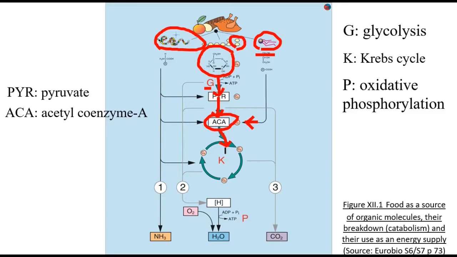Proteins now, you've probably recognized these round shapes which are amino acids. They are going to be used to either produce pyruvate, acetyl coenzyme A, or directly an amino acid which intervenes in the Krebs cycle. Each time this happens, NH3 is going to be taken away from the molecule, and this is called deamination.